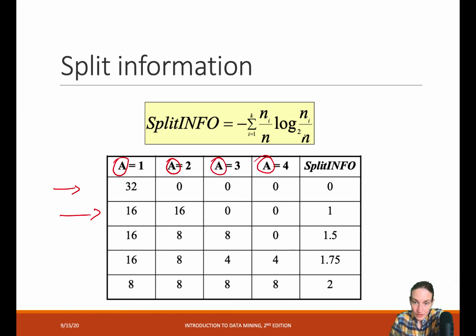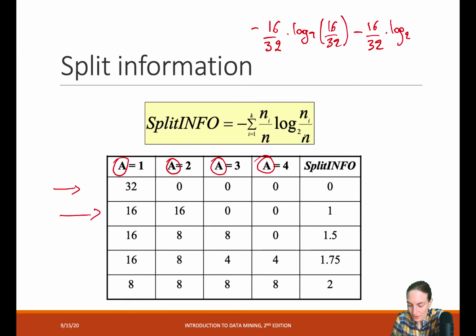According to the formula, we have minus 16 divided by 32, which is n, times log 2 of the same ratio, minus 16, again the same term, log 2 of 16 over 32, and that's it.